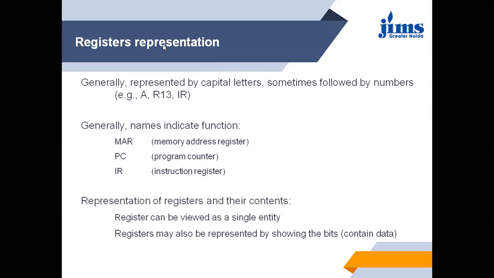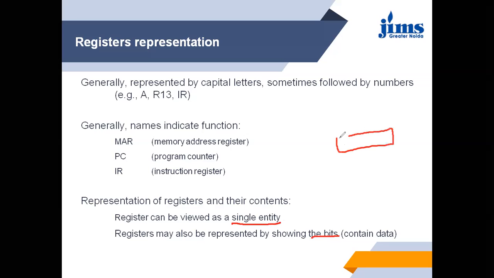As I told you, when we have to see the content of a register, we can view it as a single entity, meaning whatever the content is in a register, we can think of it as a complete entity, or whatever data it may have, we can distribute or divide that data.